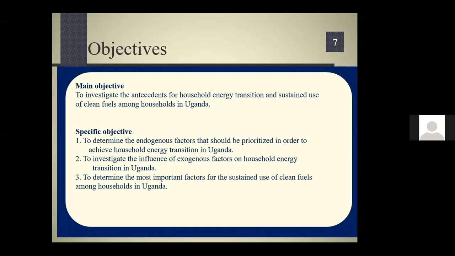One is to determine the endogenous factors that should be prioritized in order to achieve household energy transition in Uganda. Number two is to investigate the influence of exogenous factors on household energy transitions in Uganda. And finally, number three is to determine the most important factors for the sustained use of clean fuels among households in Uganda.